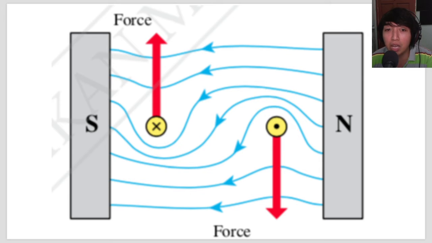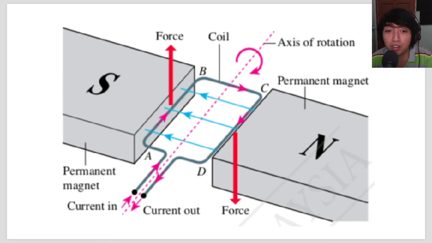And so now, if we go back to this coil, you can imagine what happens is, because on one side the force is going up and the other side the force is going down, the coil will start to spin and turn around. So this is the basic concept behind all electric motors. We're using coils of conductors to make it spin.